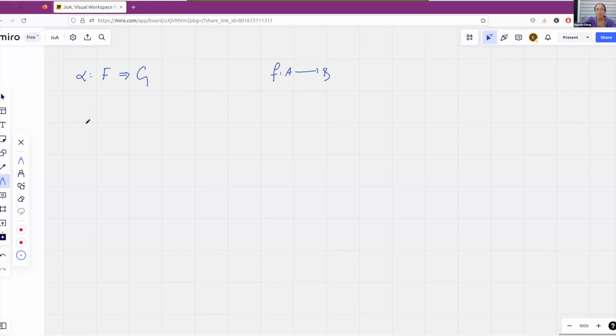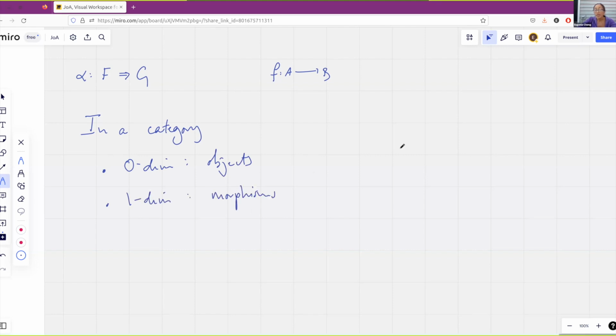So in a category, the zero-dimensional things are objects, and the one-dimensional things are morphisms. In any particular category, you therefore have zero-dimensional things and one-dimensional things.